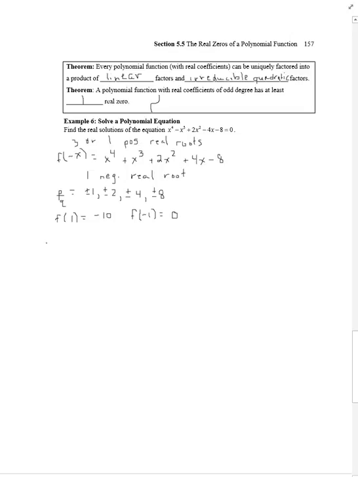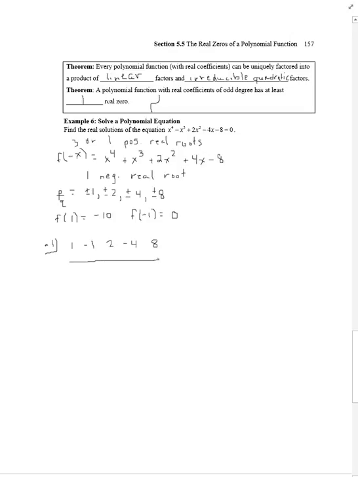So negative 1's a root, so again, we're down to synthetic division. So we got 1, negative 1, 2, negative 4, and 8.